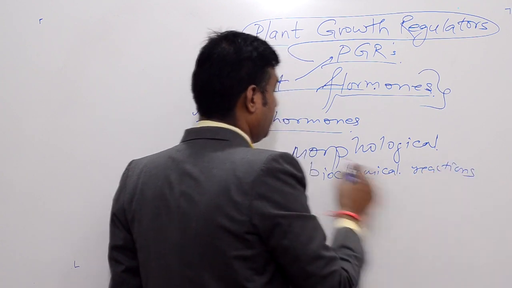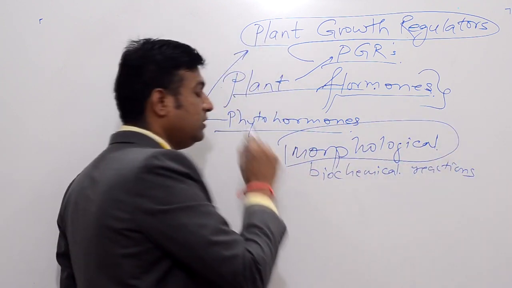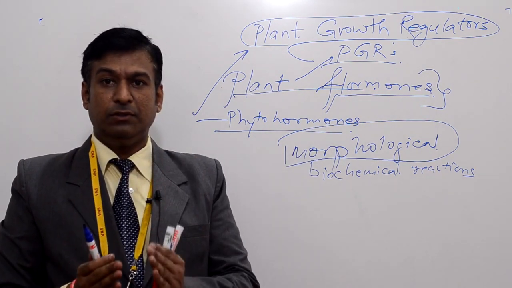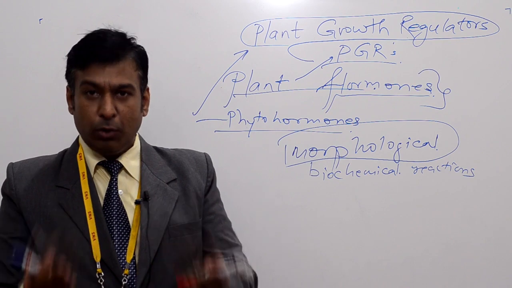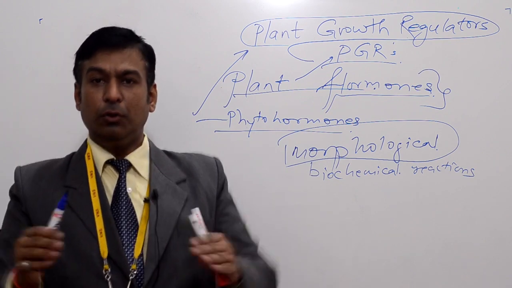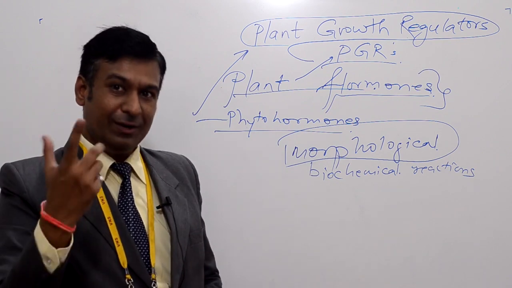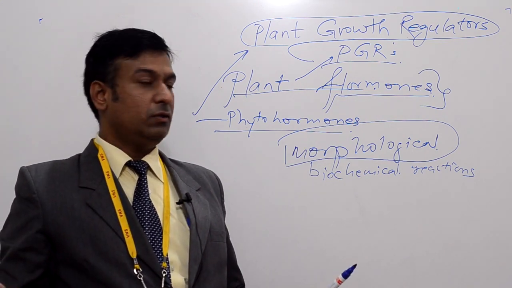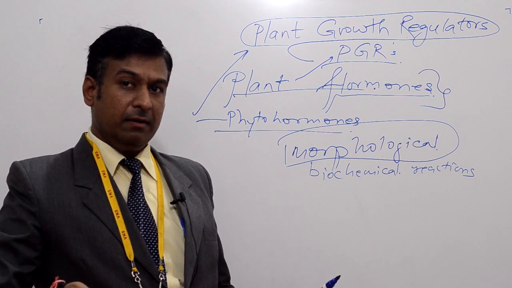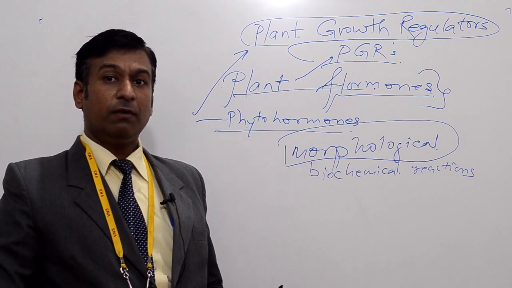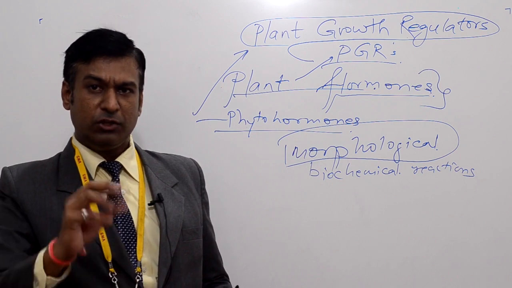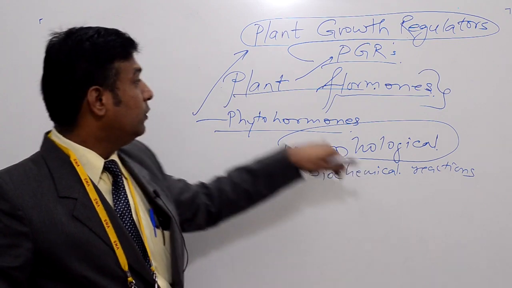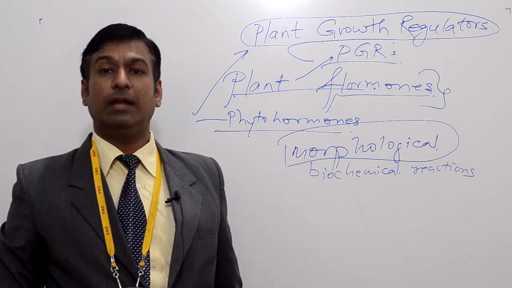These are the compounds which are promoting, modulating, or regulating the morphological changes. It means they bring change in phenotypic characteristics. Bringing morphological variation and affecting biochemical reactions, those all are plant growth regulators.